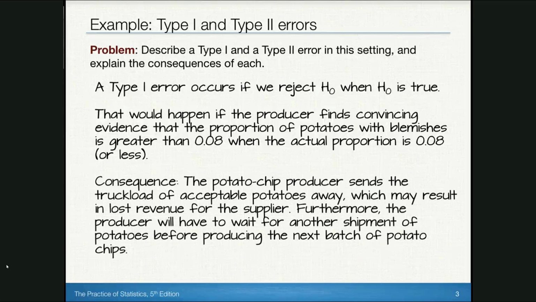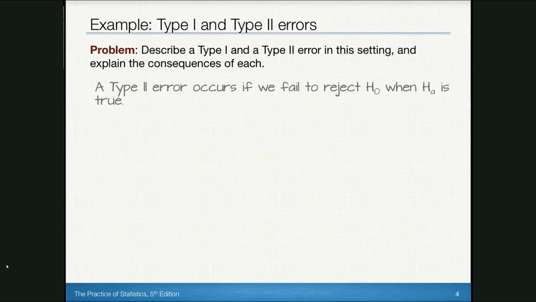As a consequence, the potato chip producer would send that truckload of acceptable potatoes away, which may result in lost revenue for the supplier. Furthermore, the producer will have to wait for another shipment of potatoes before producing the next batch of potato chips. Now also recall a type 2 error occurs if we fail to reject the null hypothesis when the alternative is actually true.